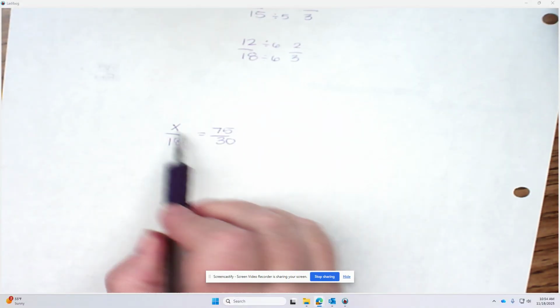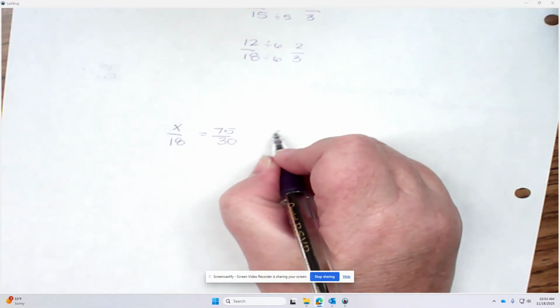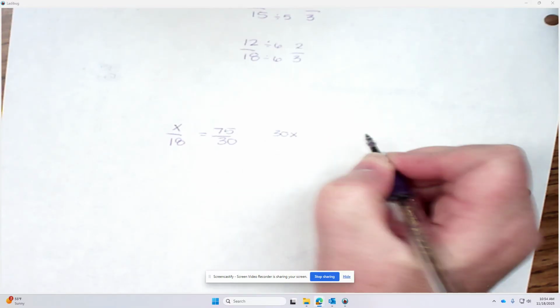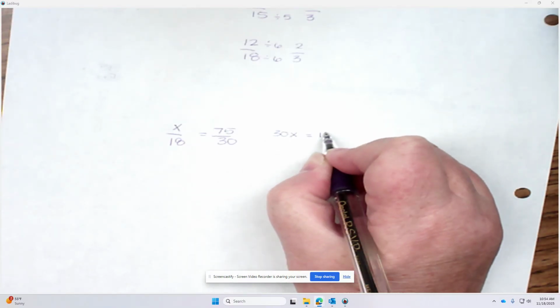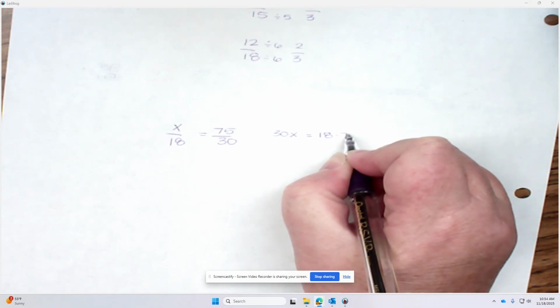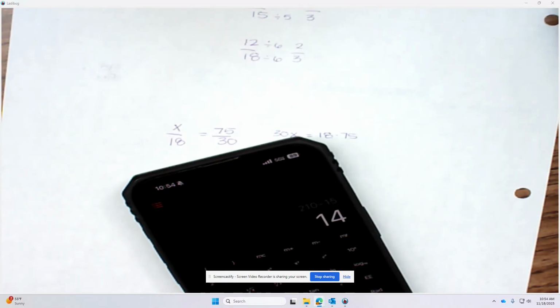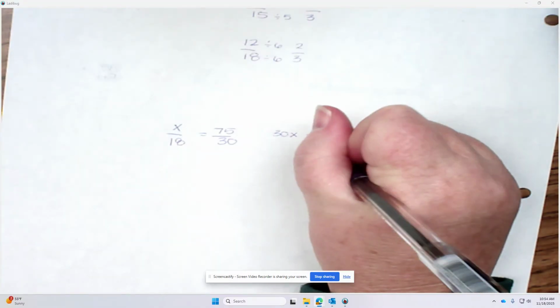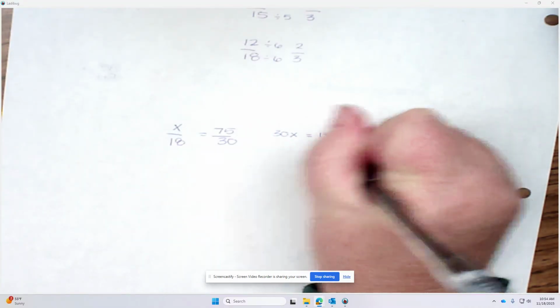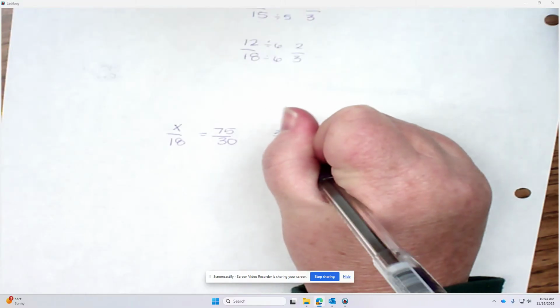All right, so we're going to cross multiply. We're going to take 30 times x, which is 30x, equal to 18 times 75. Once again, I don't know that off the top of my head, so I'm going to do 18 times 75 equals 1,350. Bring everything else down.